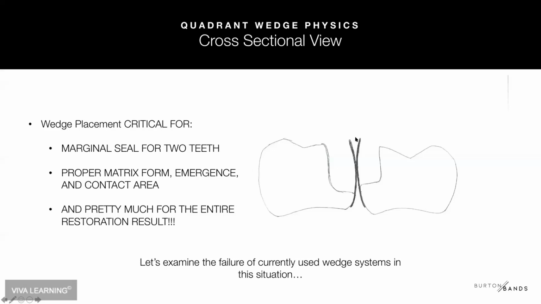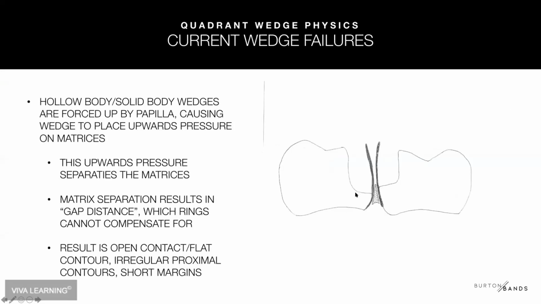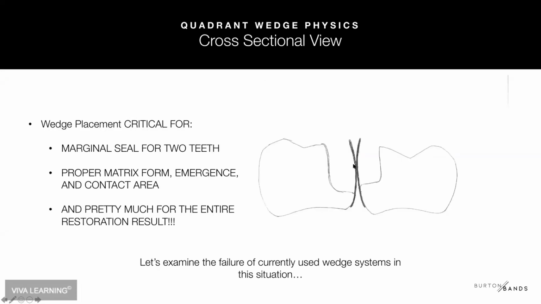And so looking at this diagram, this is the two matrix bands in place. So let's see what happens when we place a wedge in. There's two different scenarios. In this scenario, and this is what I would see the most often, my matrix bands, when I place them in, would be kissing and everything would look fine. Then I place my wedge in, and I didn't do this for the longest time.